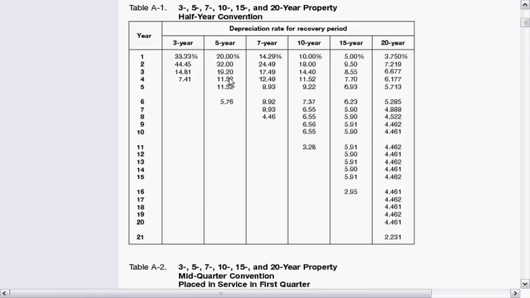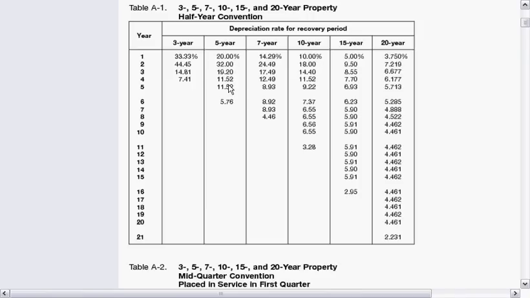Car is a 5-year asset. The first year that you own the asset, you will take 20% of the cost basis of the car as depreciation. So it's a $10,000 car, you take 20% of it, $2,000 as depreciation. The second year you own the car, you take 32% of the cost basis as depreciation. So in the case of this $10,000 car, you're taking $3,200, and so on down the line.